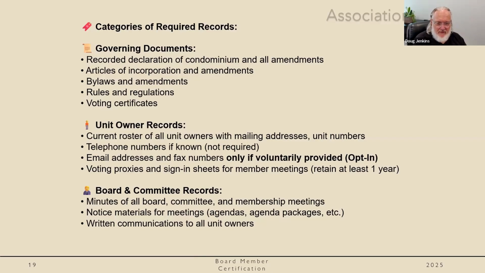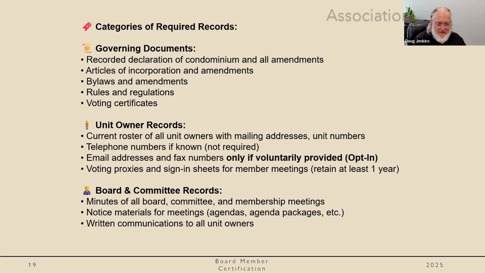You're required to have unit owner records, the current roster of all unit owners with mailing addresses and unit numbers, and telephone numbers if known, not a requirement, and then email addresses and fax numbers only if owners and members voluntarily provide an opt-in to allow those things to be seen. Voting proxies and sign-in sheets for membership meetings have to be retained for a year.